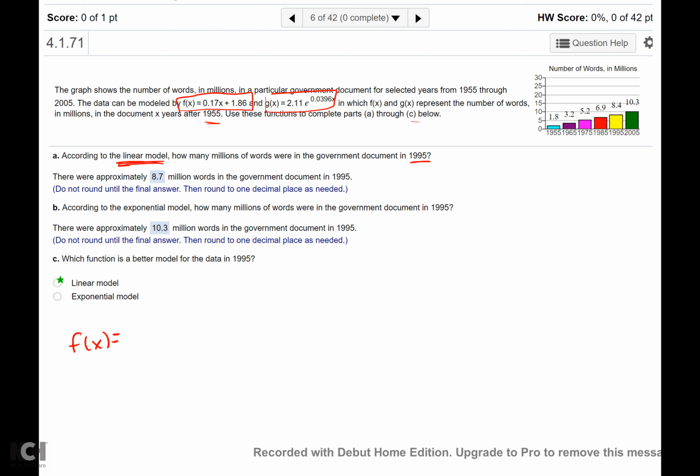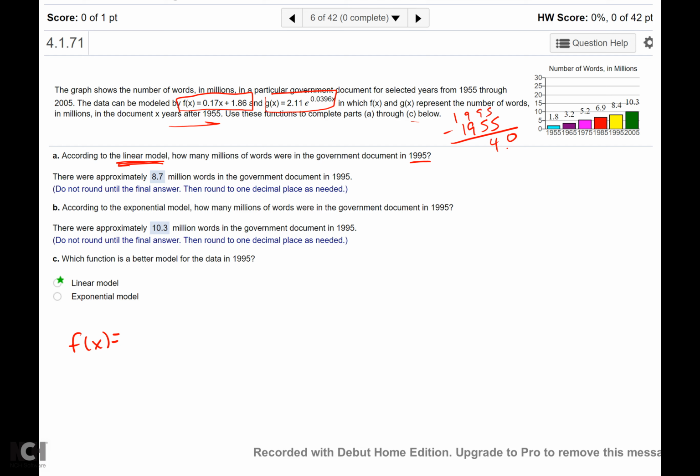And it's telling me the time is 1995. So x represents the number of years after 1955. So 1995 take away 1955, that would be 40 years.